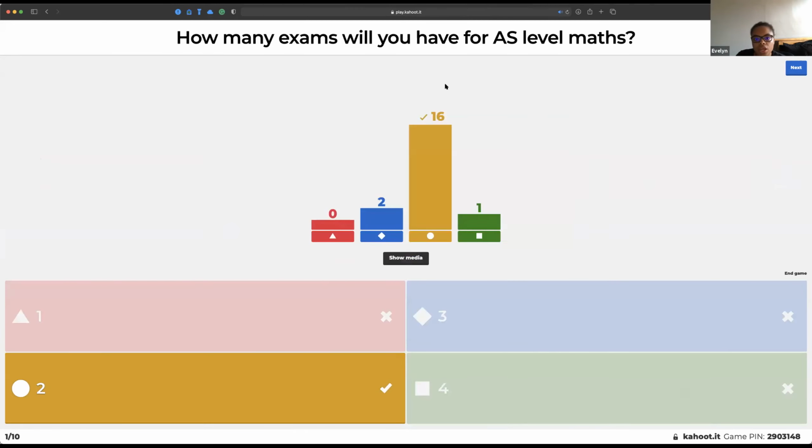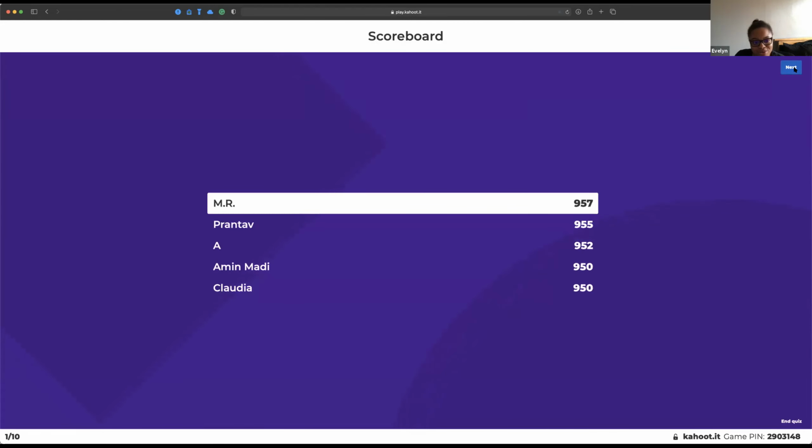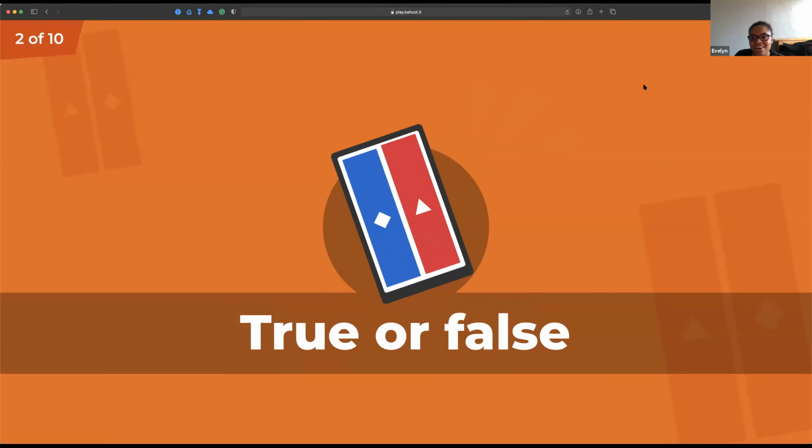Brilliant, 2. You only need to take 2 exams. Depending on the specification, they'll be a little bit different for each one, but in general, across all exam boards, it's only 2. So well done for everyone who got that.